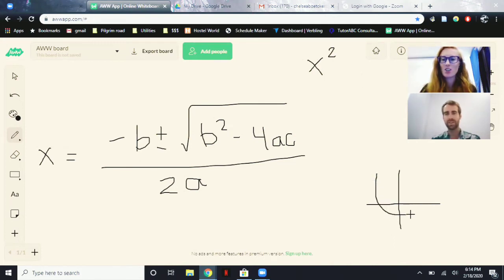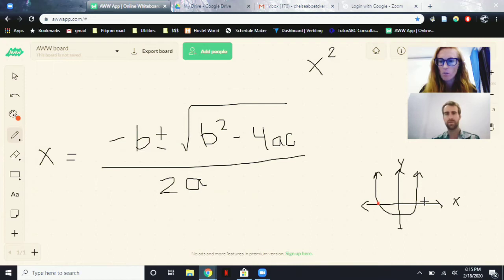A U. If we look on this graph right here, this is just a rough draft of what the graph could look like. It makes this U shape, and we have our y-axis and our x-axis. When we're solving for x for a quadratic equation, we're specifically solving for where the graph crosses the x-axis.